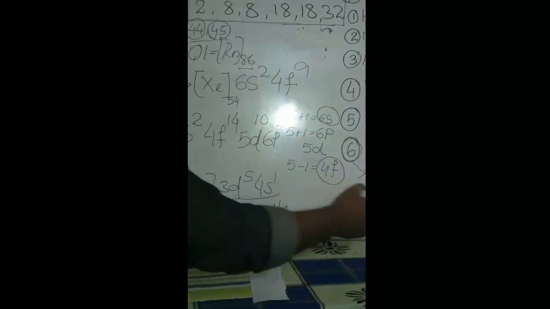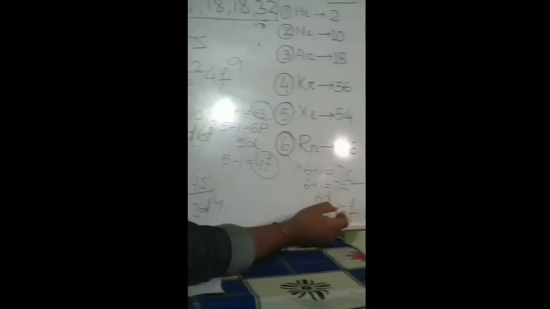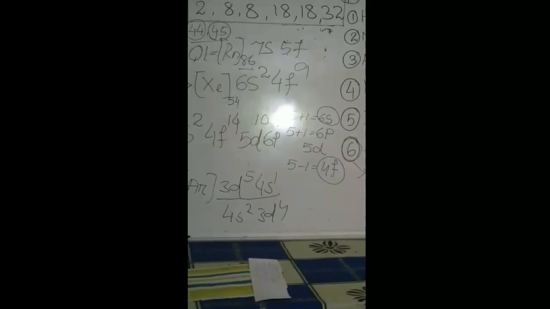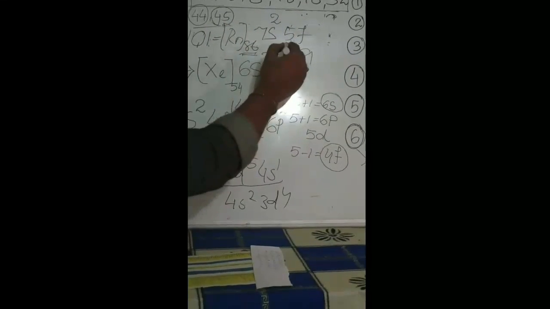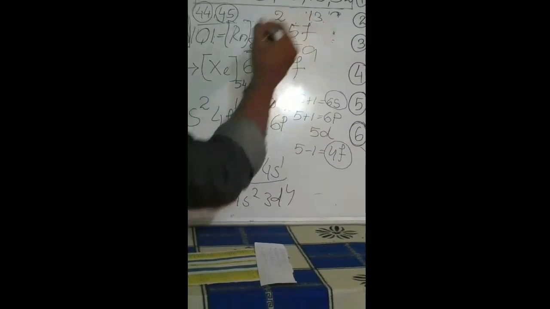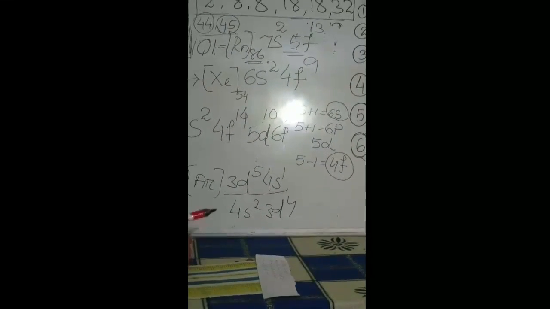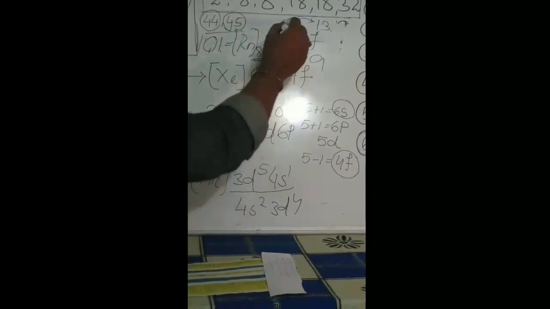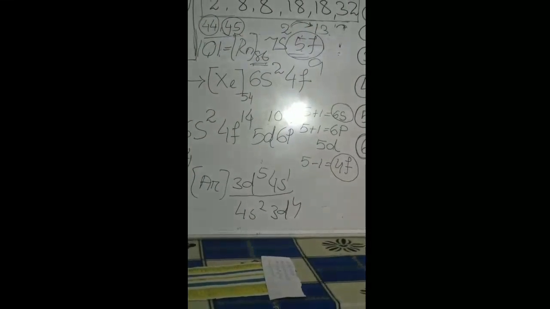So in this case, how will we fill up? 86. Next, 7s will come. So 7s. Next we will get 5f. Suppose in this case, 7s will take 2 electrons, and 5f will take 13 electrons. Suppose in this case we will get this one. But in this case, the electron will not excite to this one, because if we excite it, we will get a stable filled orbital in 5f.